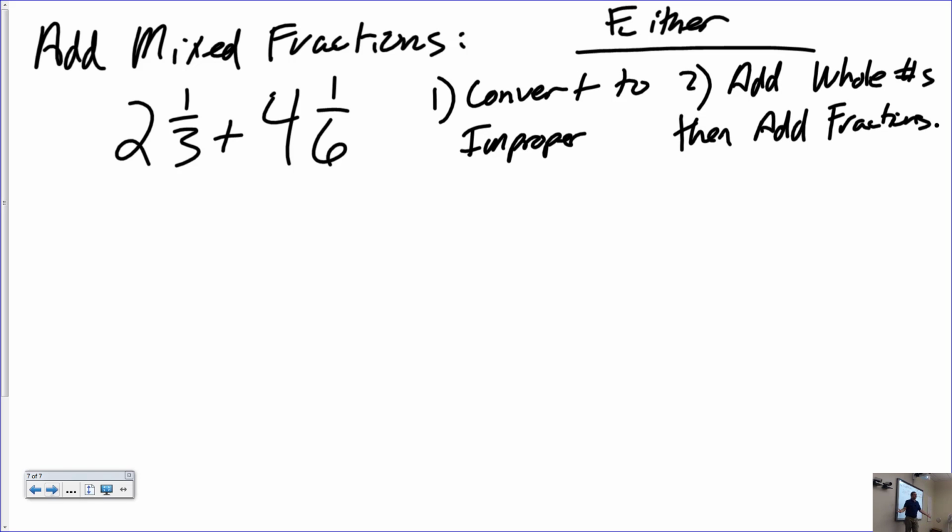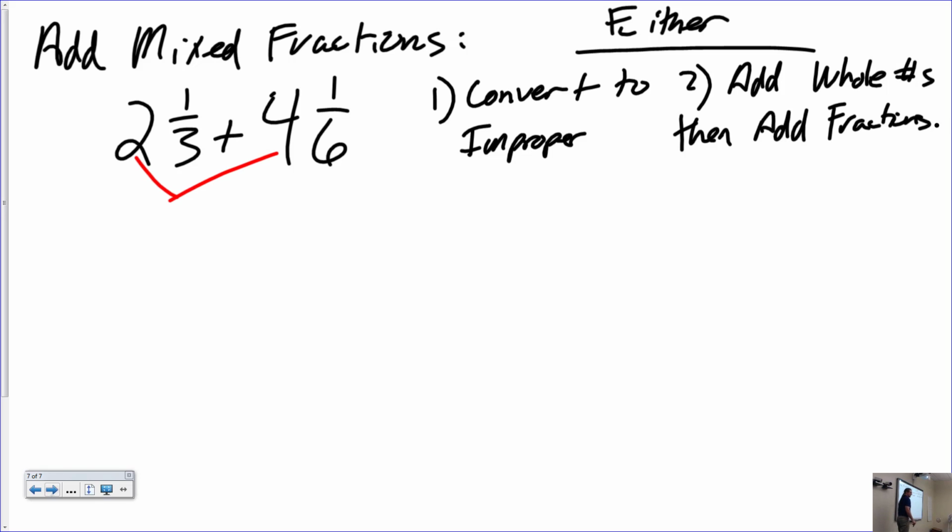Either way. All right? And honestly, I think that you can pick and choose which of those you want to do depending on the situation, right? So in this situation, it might be easier if we just added the whole numbers and added the fractions, right? Because converting everything to improper would take a lot of work when the numbers are not that painful, right?